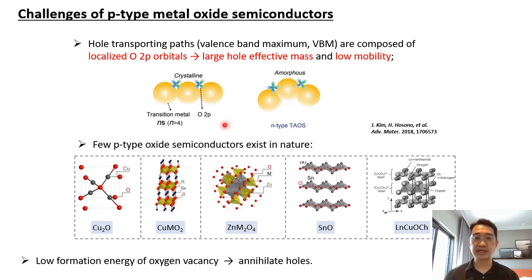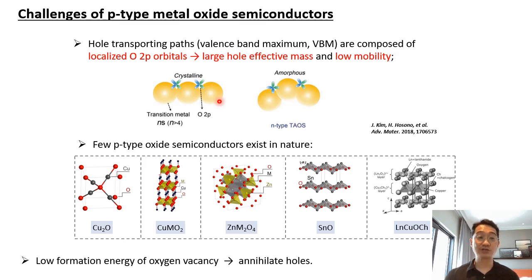This slide explains the main reason why n-type transporting is so good in oxide transistors, but p-type is bad. As you can see, the conduction band minimum is mainly composed of metal ns orbitals, whose overlap is relatively large, and the shape is also spherical. That's the reason electrons can transfer effectively through these metal ns orbitals.